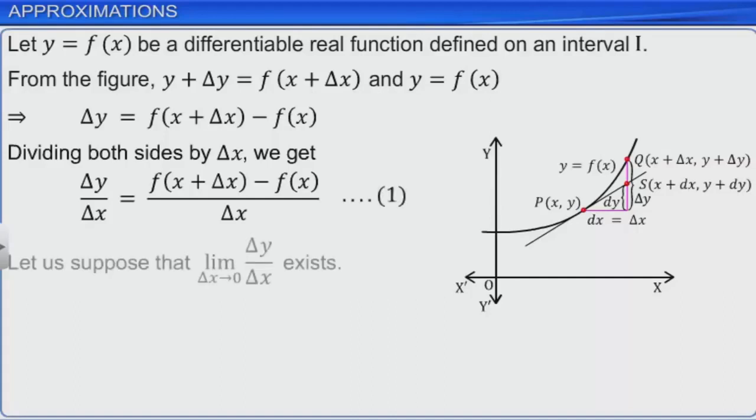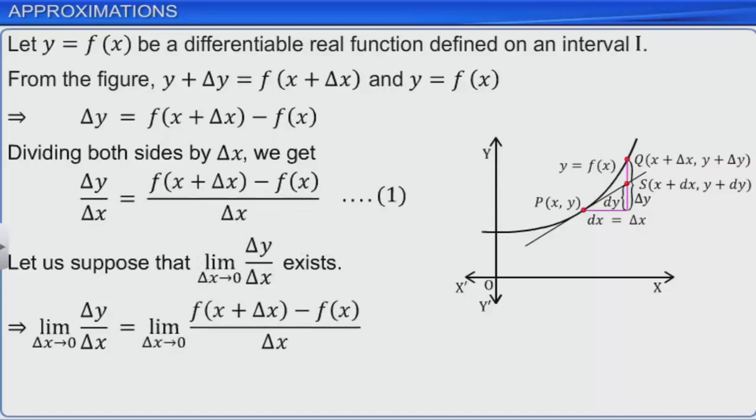Assume that the limit of delta y upon delta x exists as delta x tends to 0. So, applying limits on both the sides of equation 1, we get the limit of delta y upon delta x as delta x tends to 0 is equal to the limit of [f of (x plus delta x) minus f of x] divided by delta x as delta x tends to 0, using first principles.